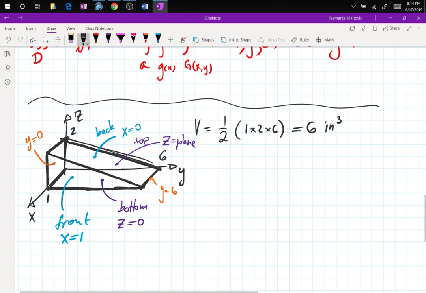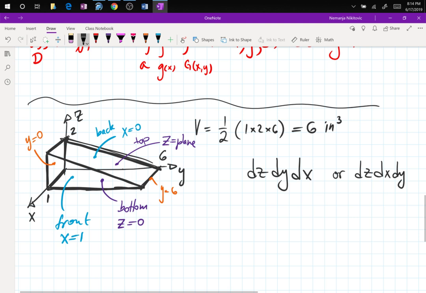So the best choice right now would be dz dy dx for this particular problem. But you can also use dz dx dy. That's also fine. We'll use dz dy dx. But you can also use the other one because y is 0 to 6. So that's another thing.